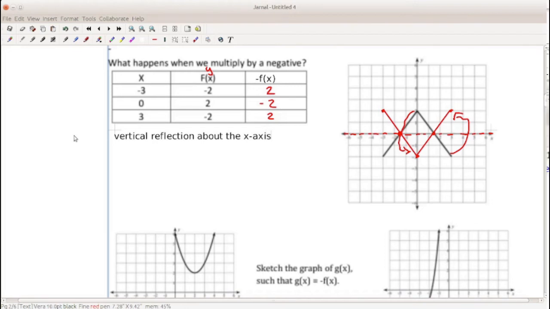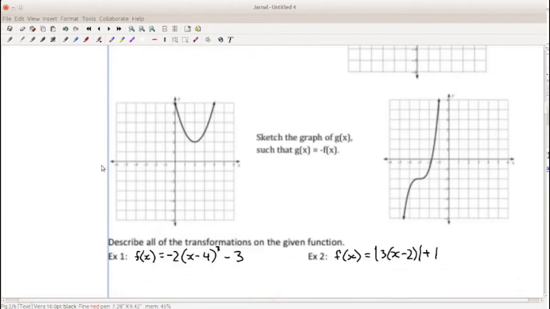So with that in mind, that will actually let us sketch some graphs that we don't know the formulas for. If we want to sketch the graph of g of x, that's g of x equals negative f of x, I'm going to put in here my x-axis as my line of symmetry. And I'm going to pick a few key points to reflect. Maybe the vertex seems like a good point to flip. Where else? Well, it looks like we've got 1 over, 1 up from there.